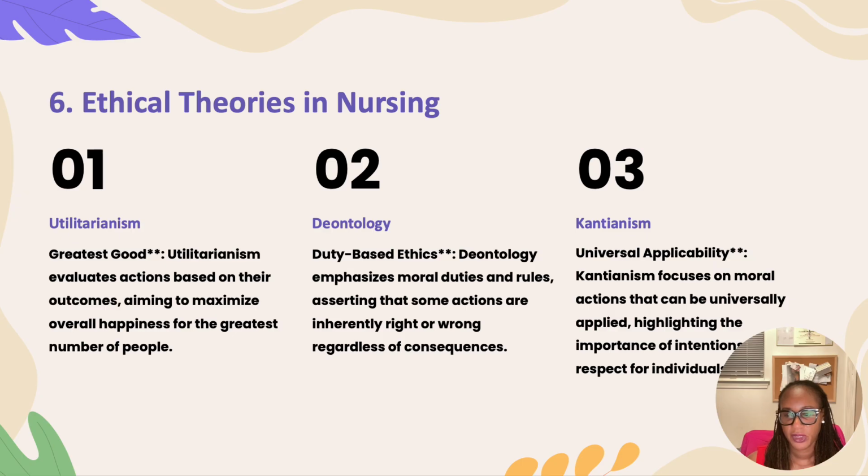Actions are morally right if they follow ethical rules, based on intention, not outcome. And then Kantianism by Immanuel Kant, a form of deontology that says actions must be done from duty, guided by universal moral law. An example: always tell the truth, no matter the consequences.